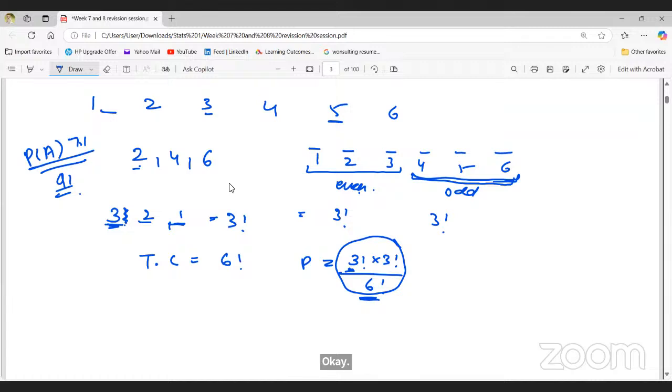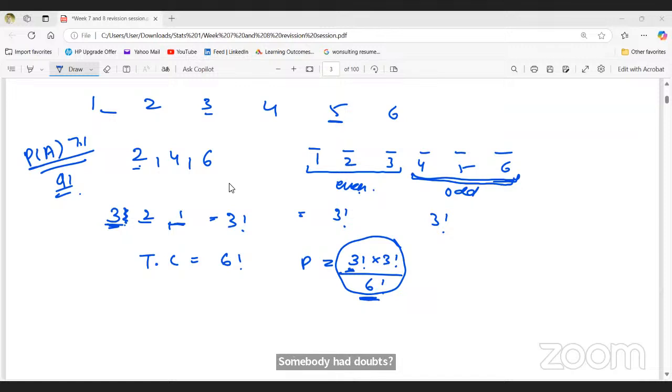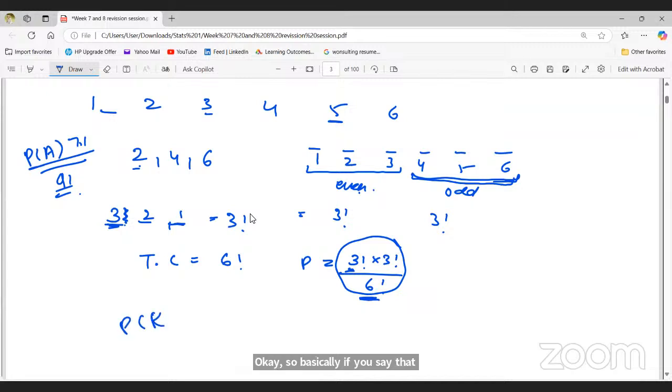Okay, so activity 7.6. Somebody had a doubt? Yes, for question number 4. What is the probability of drawing K intersection A's?